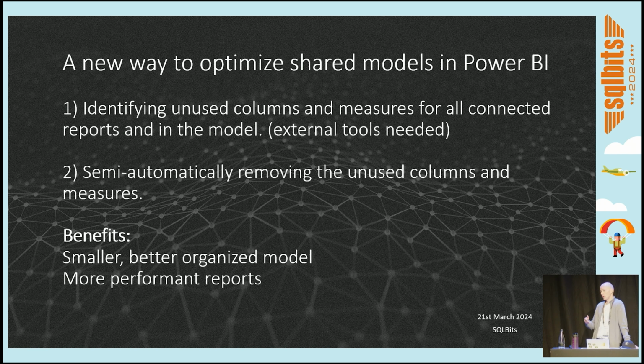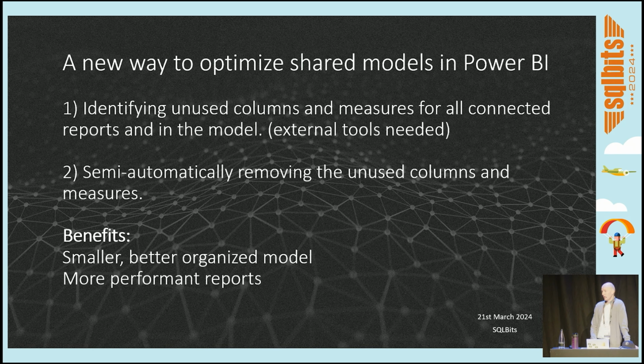That means all the columns and measures in this centralized model, some of them are not used anywhere. And right now, you have no idea what is used and what is unused. So with external tools, we can find out.